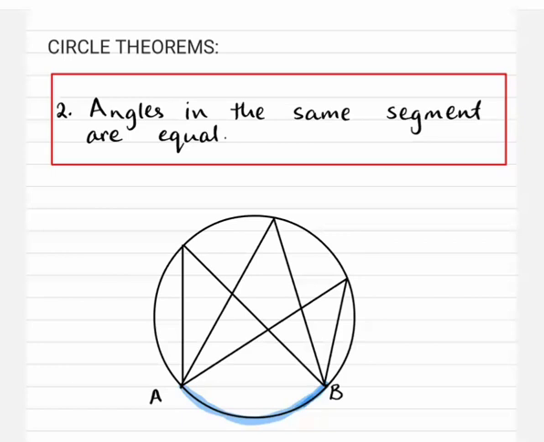We say these are angles in the same segment and they are equal. So if I label this angle as X, then this would be X also, and this would be X also. Two or more angles in the same segment are equal.